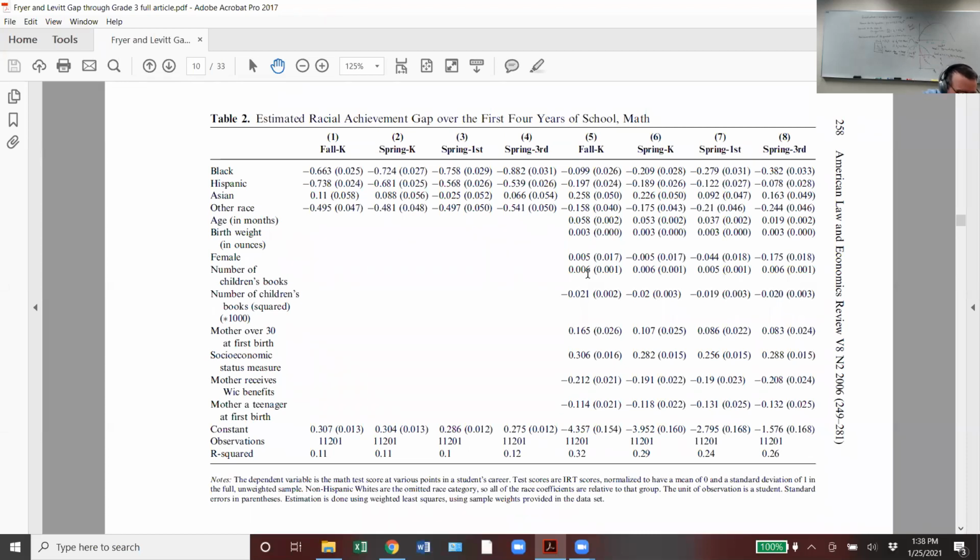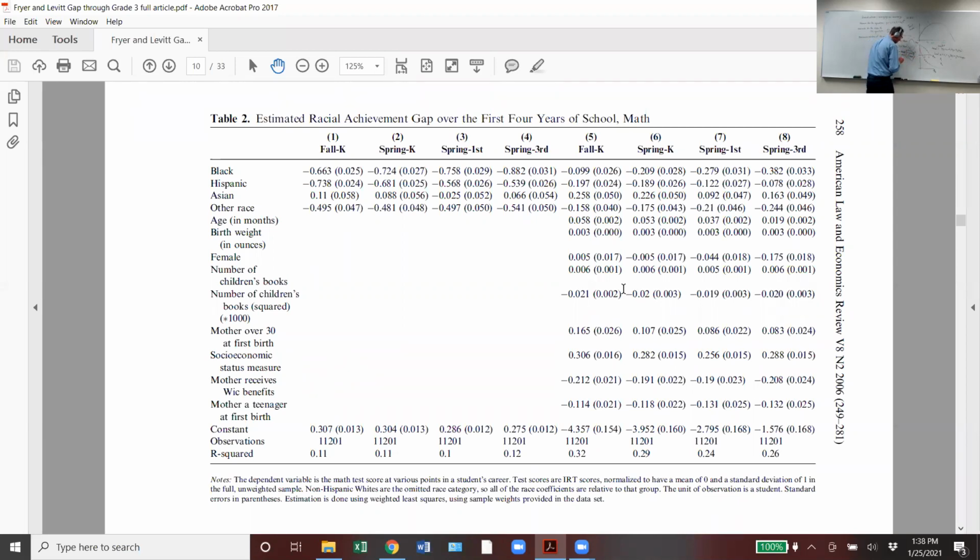So here's the squared term issue and why they have to have this times 1,000, right? If you just did this coefficient in this format, the 0.021... it's not this.